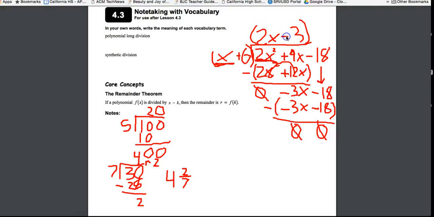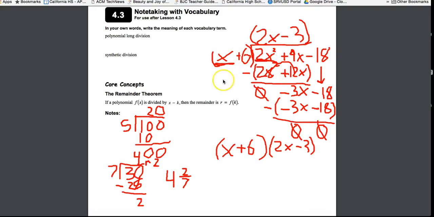Now, a way that you can check your answer: if you take your divisor, so in this case x plus 6, and multiply it by your quotient, or your answer up here, so 2x minus 3, you should get your dividend right here.